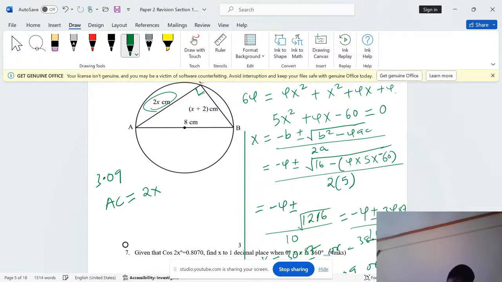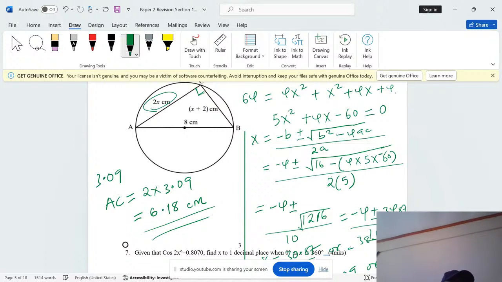So 2 multiplied by 3.09, and this is going to be 6.18 centimeters. The examiner said to 2 decimal places. So that is the length of AC.